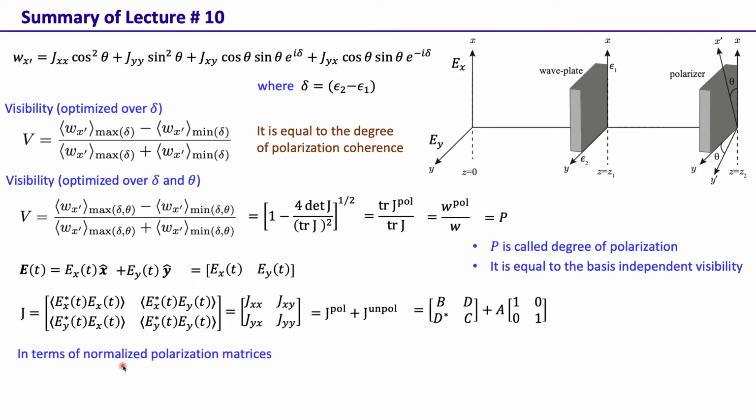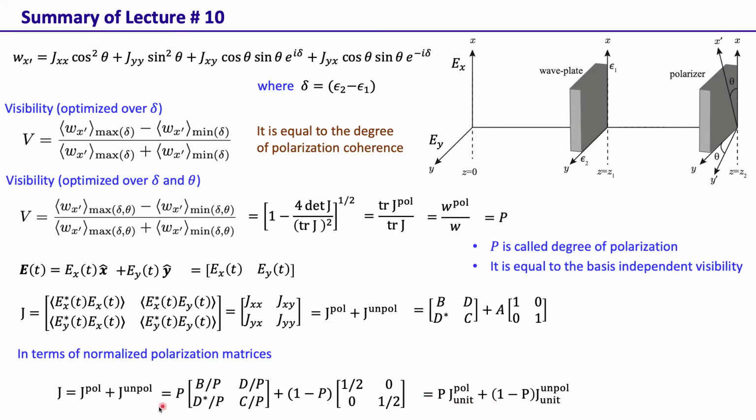We also saw that in terms of normalized polarization matrices, J is just J polarized plus J unpolarized, but now we are writing it using polarization matrices that are normalized, that is, of unit trace. In that case, B, C, D, D star can be written as all divided by P, and then this P comes out, and the other term is 1 minus P times the identity matrix.